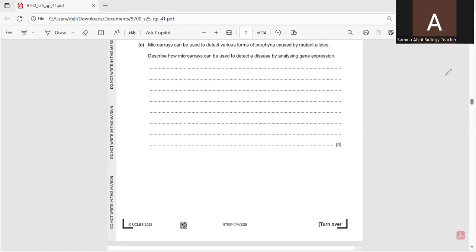Besides this, the complementary DNA from the control sample is labeled with one color of fluorescent dye, and the complementary DNA from the test sample is labeled with a different color. The microarray chip contains thousands of microscopic spots, each containing millions of copies of a specific single-stranded DNA probe. The labeled complementary DNA samples are mixed and applied to the microarray chip.